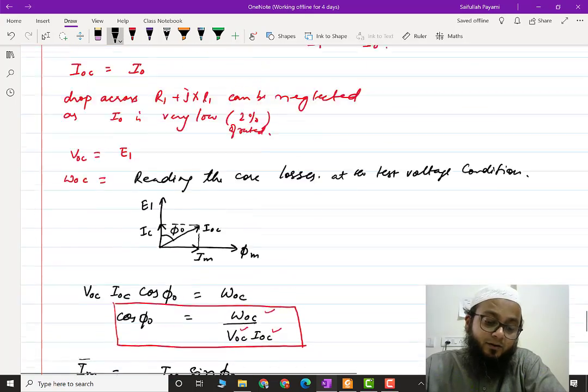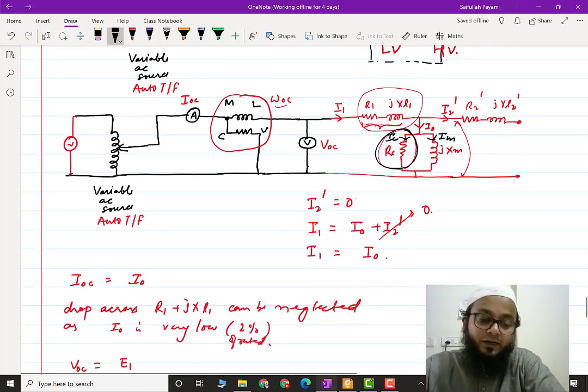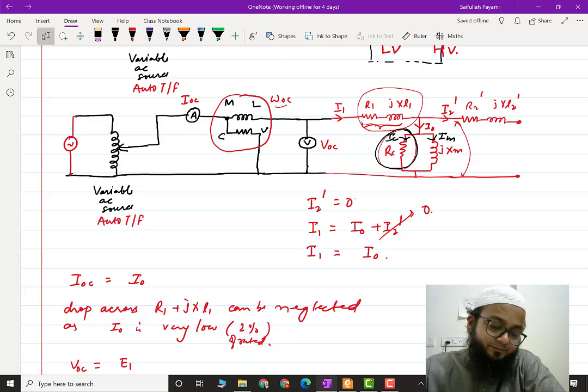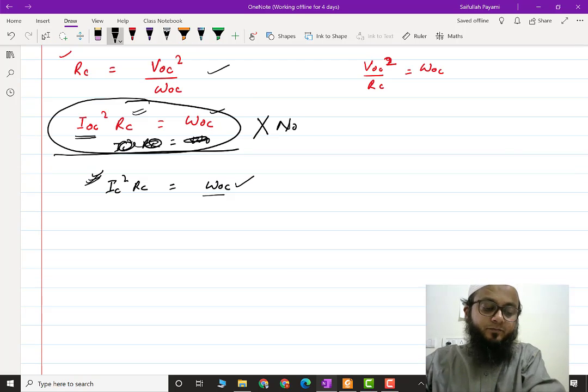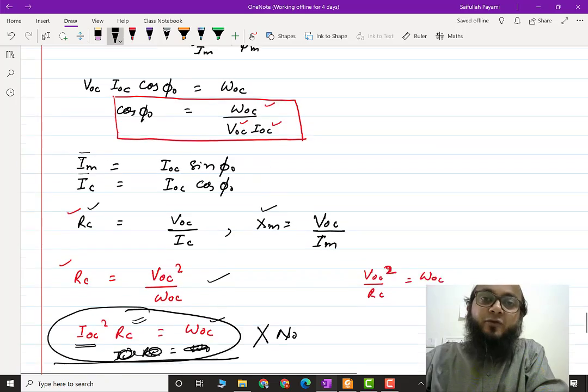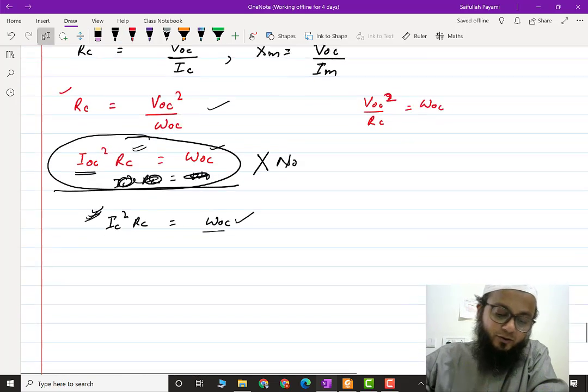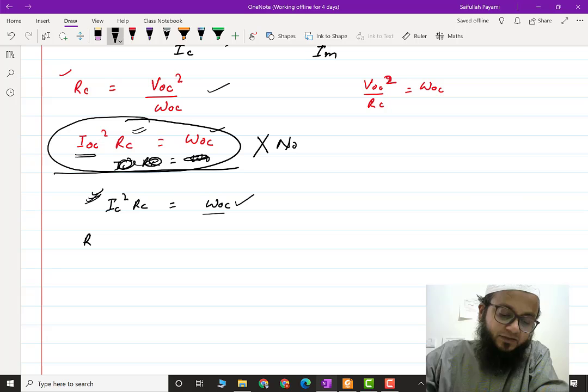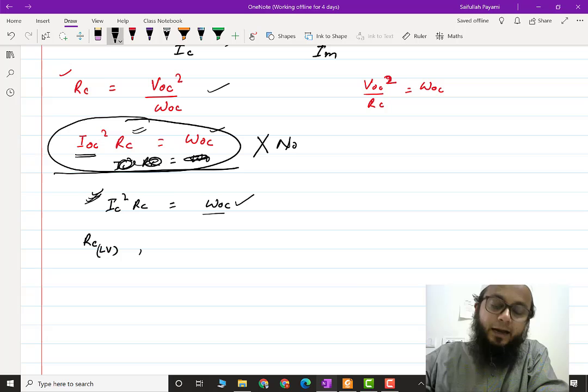So this open circuit test is performed on the low voltage side. It is performed at its rated voltage or a lower voltage, and it gives us the core losses. It helps us in finding the shunt branch parameters. One more thing: obviously this test was performed on the low voltage side, so this RC which we have got is for the low voltage side, and Xm is also at the low voltage side.